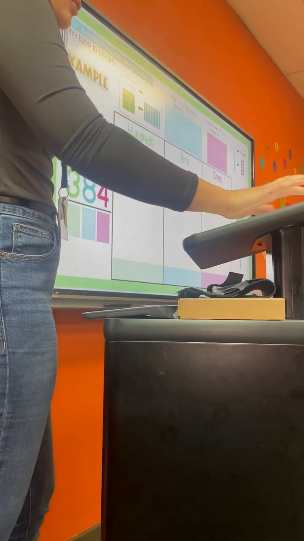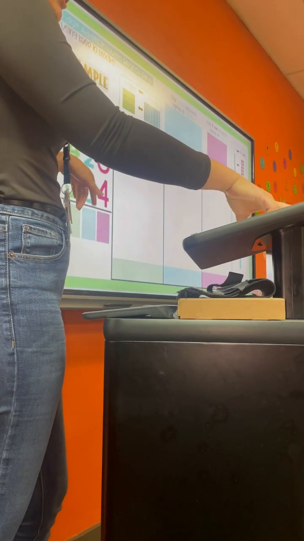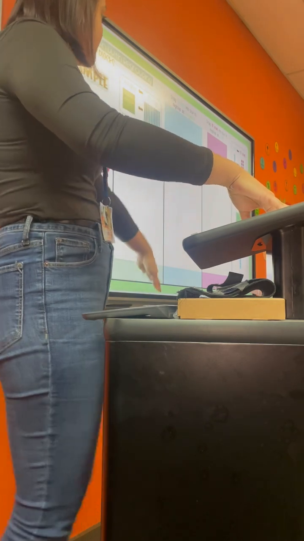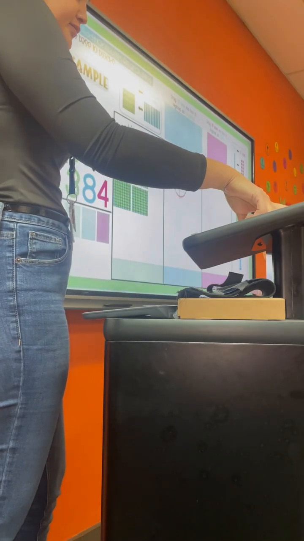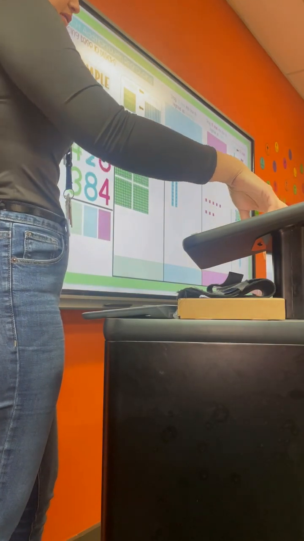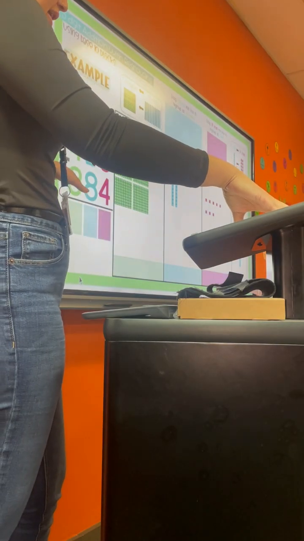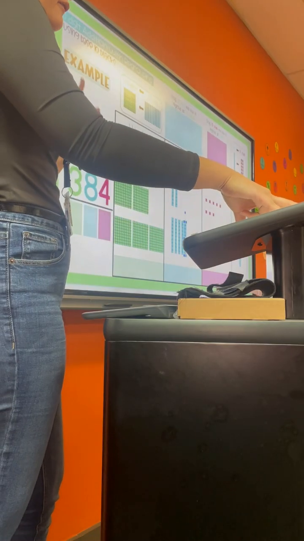And I'll show 428 by dragging over 4 hundreds, 2 tens, and 8 ones. So 4 hundreds, 2 tens, and 8 ones. We're going to drag those over now. All right, perfect. So then I'll represent this bottom number, 384, by dragging over 3 hundreds, 8 tens, and 4 ones.